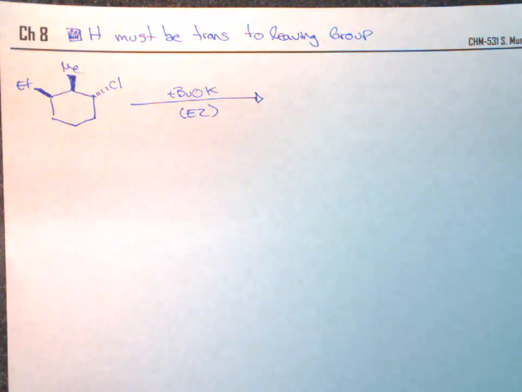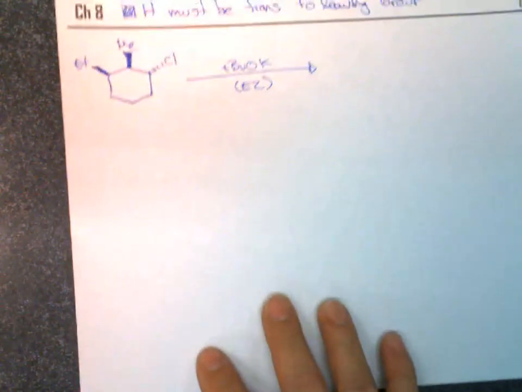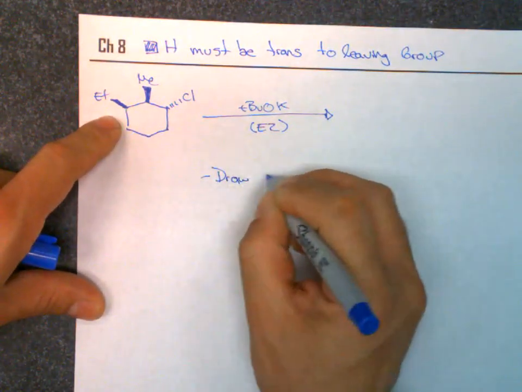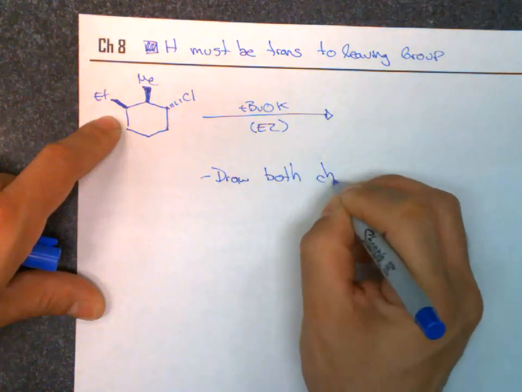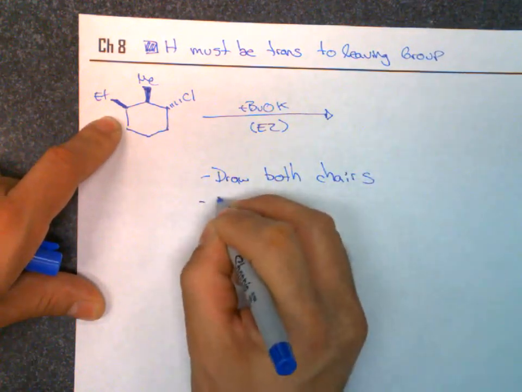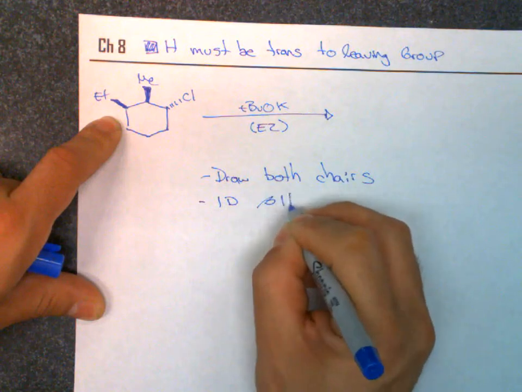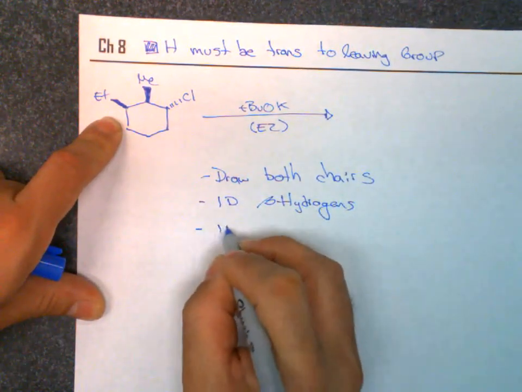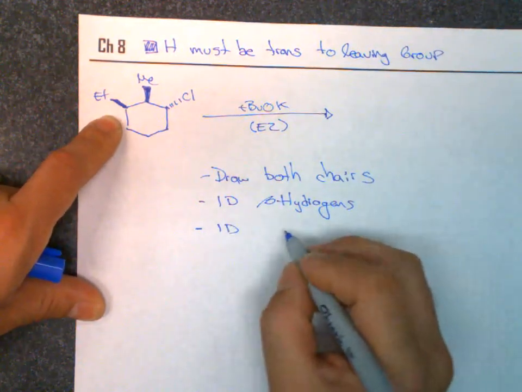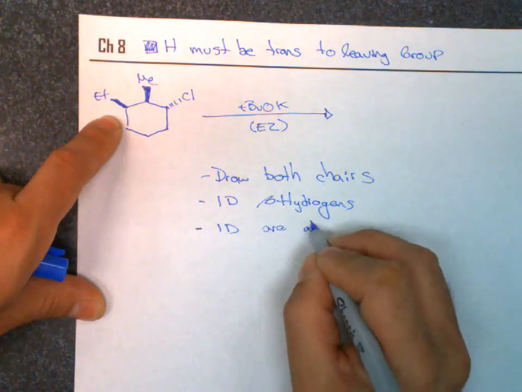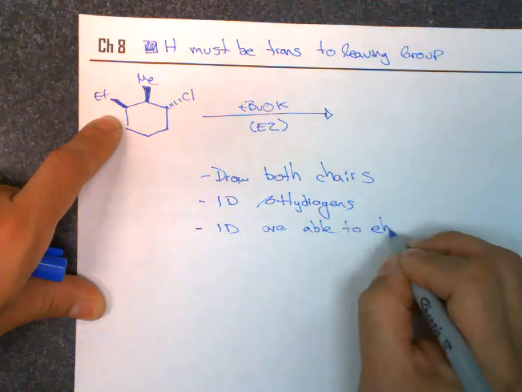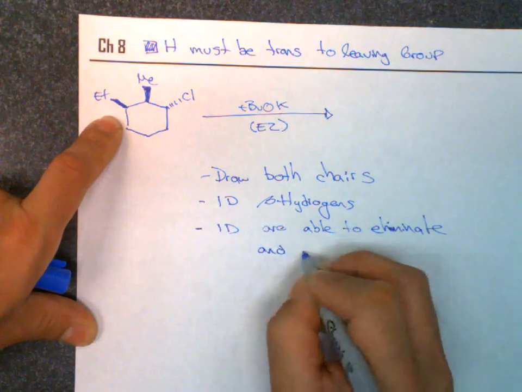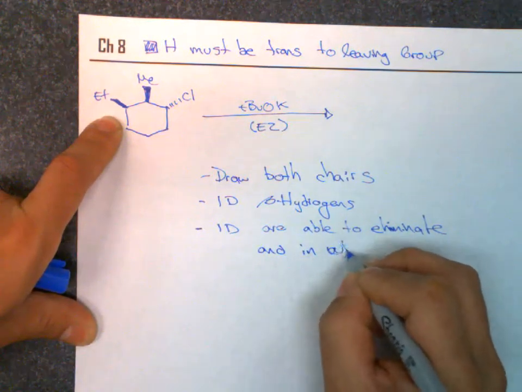Please go on your own and draw both chairs, identify all beta hydrogens, and then also identify which of those beta hydrogens are able to eliminate, and in which chair.